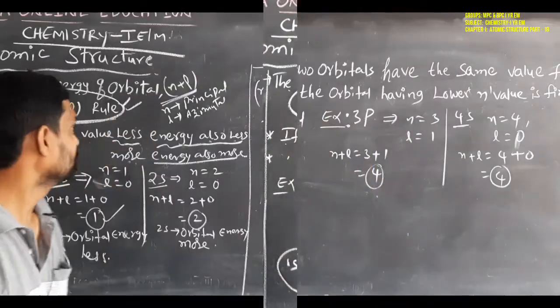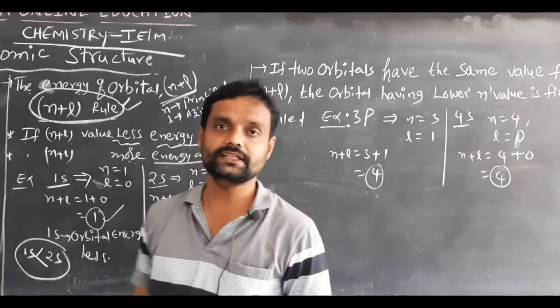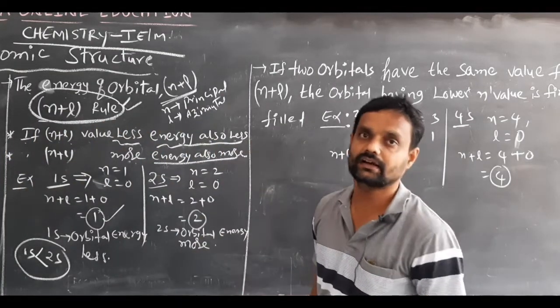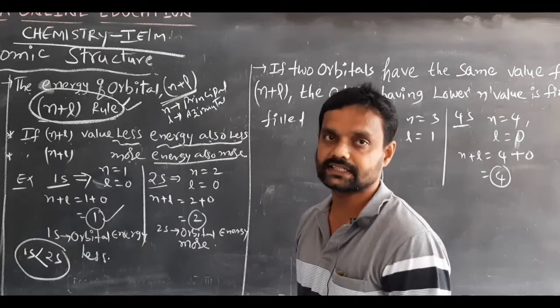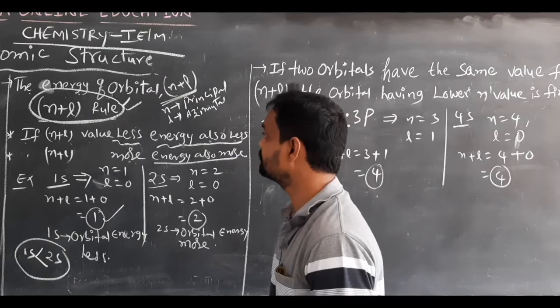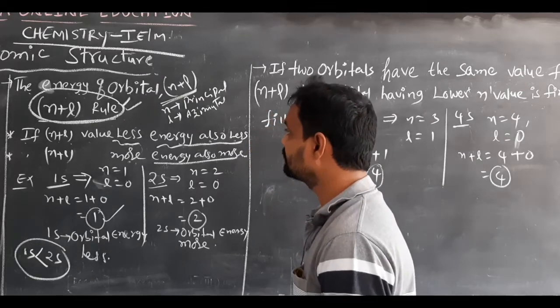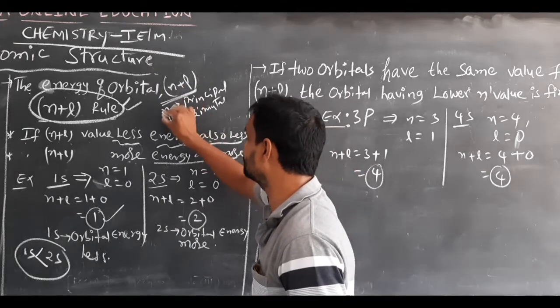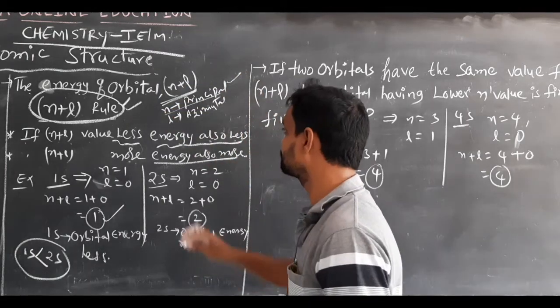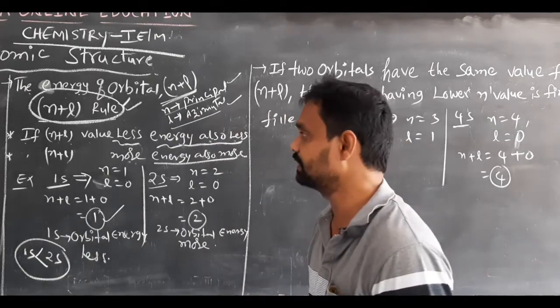The energy of orbitals can be predicted by using the n plus l rule. What is the n plus l rule? Here n is the principal quantum number and l is the azimuthal quantum number.